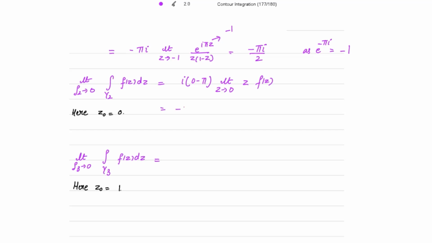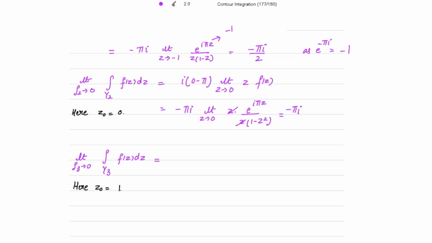So this is minus pi iota, limit z tends to 0, z into the function e to the power iota pi z over z into 1 minus z square. So z is cancelled with this z. Minus pi iota. Putting z equal to 0, we get 1 only. So this is minus pi iota.